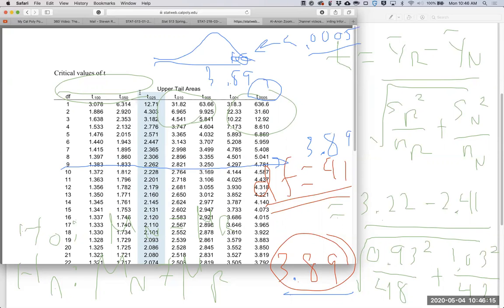And the corresponding lower tail area from negative 3.89 and down is also less than 0.0005. My p-value is less than 0.001. 1 in 10, 1 in 100, 1 in 1,000, less than 1 in 1,000. Oh my, that's a mess.